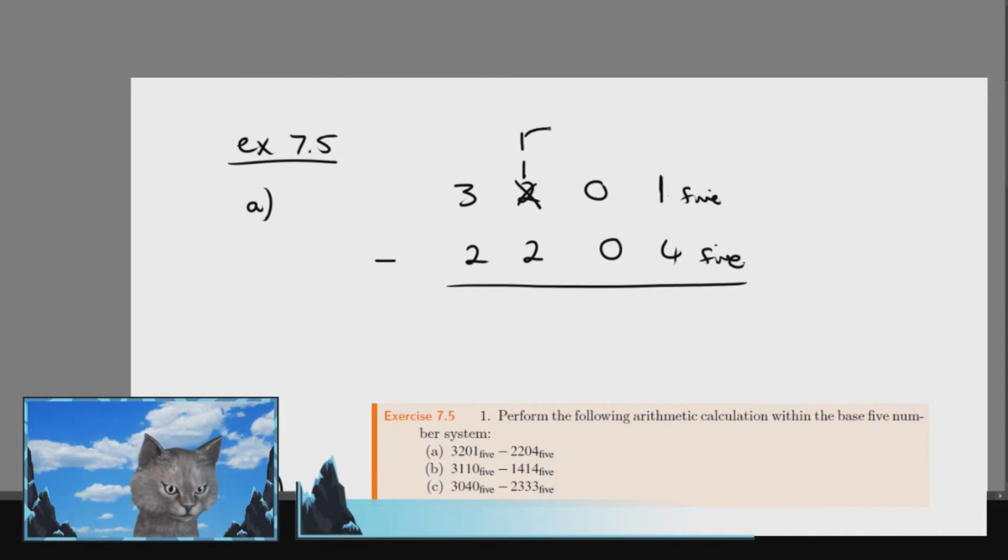This one is going to be carrying over to a lower column and split into, I'm going to make 5 little rocks here, because I'm not allowed to write a 5. There is no 5 symbol in the base 5 number system.